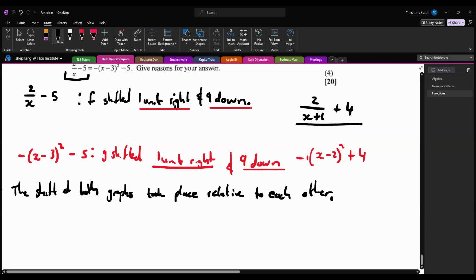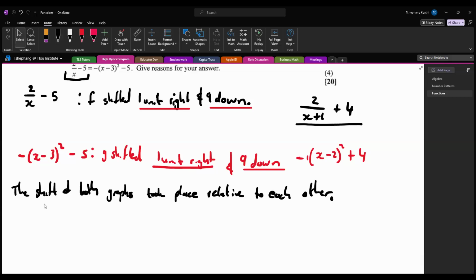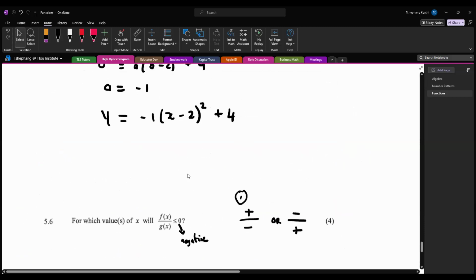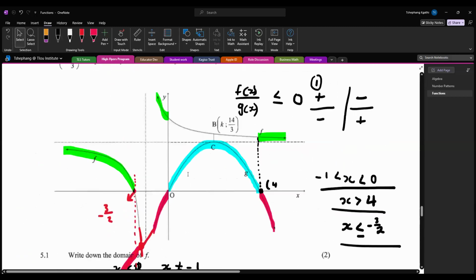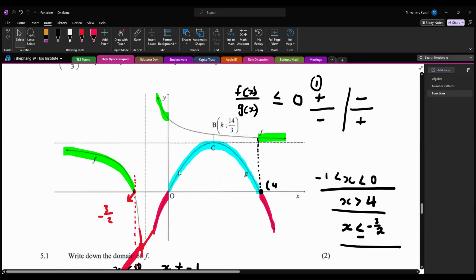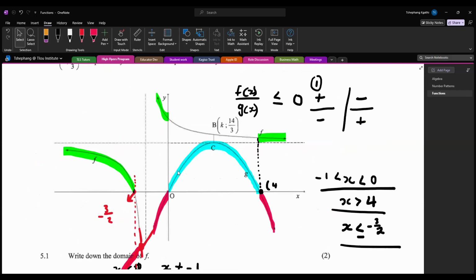Now, if that's the case, let's see what's going to happen. I'm just going to shift so that I can see my graphs. So we're just taking this whole set and moving everything down by 9 units and 1 unit to the right.